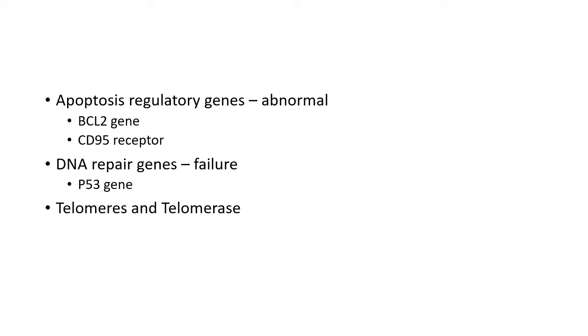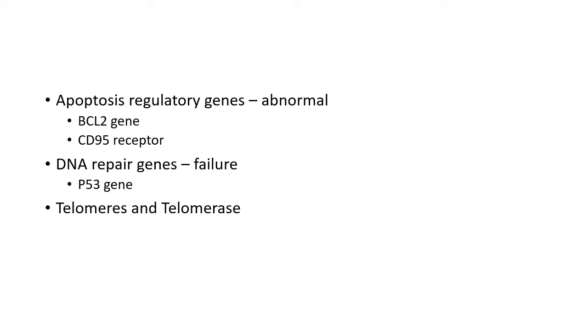This is kind of a marker of age. And there is something else called telomerase, which is an enzyme that causes repair of these damaged ends, that is, a repair of these telomeres. It helps in maintaining the normal length of the telomere.